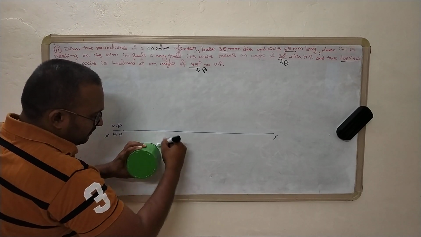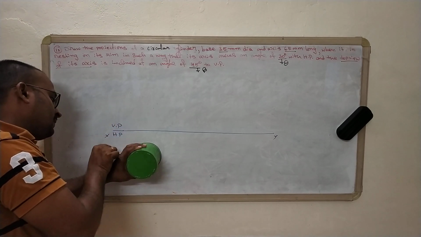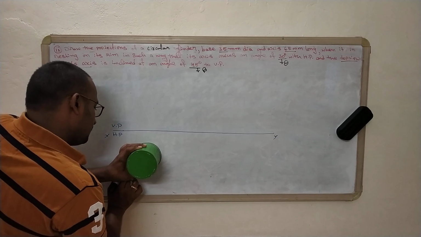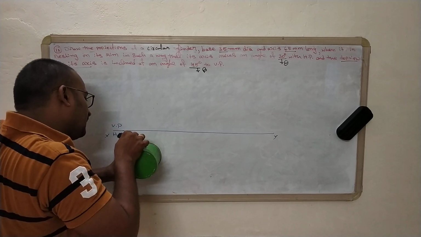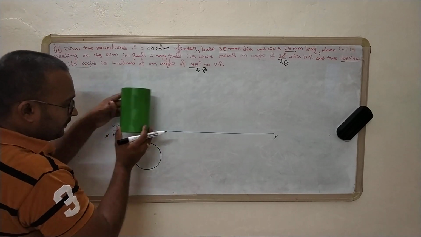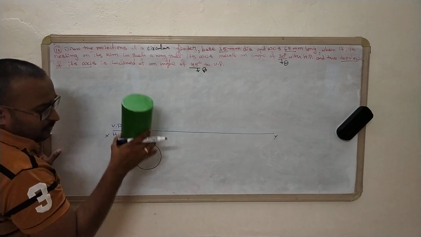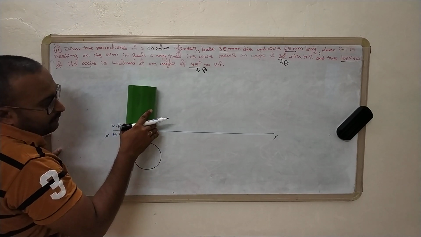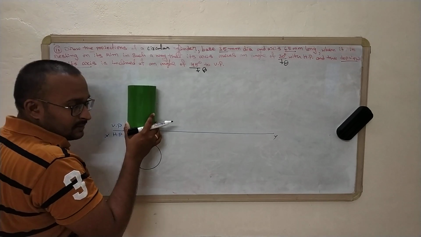The axis is perpendicular to the HP and parallel to the VP, right? So this is the top view and the front view of the problem when it is in the first stage.